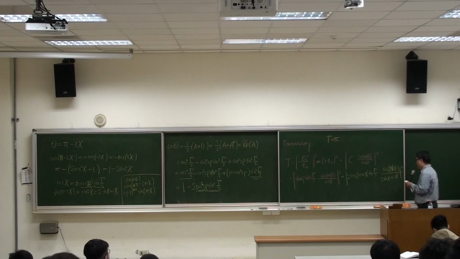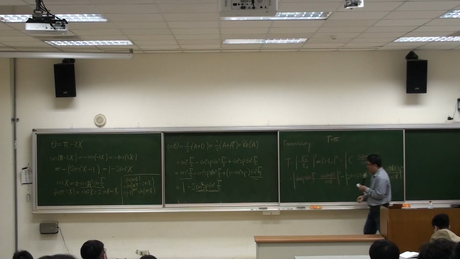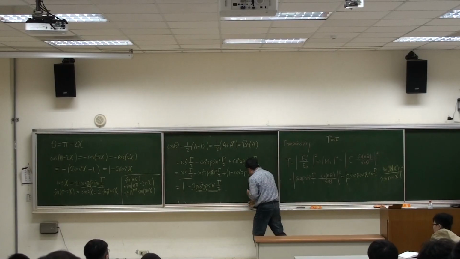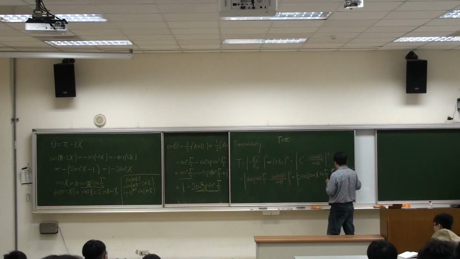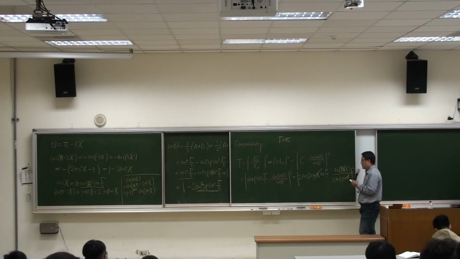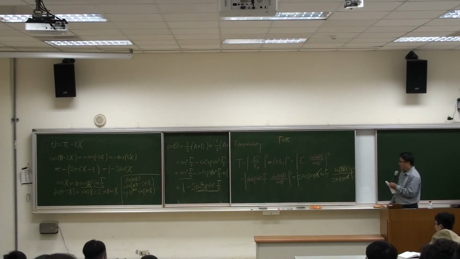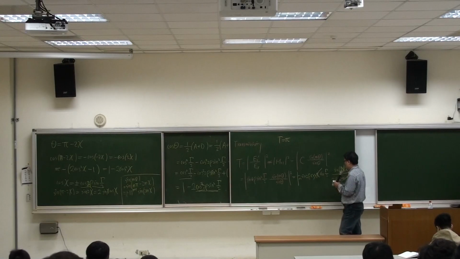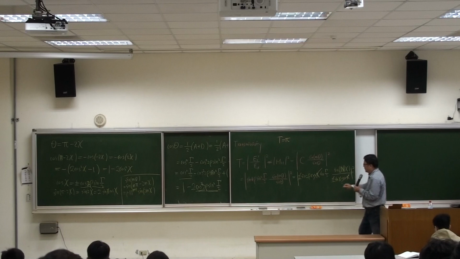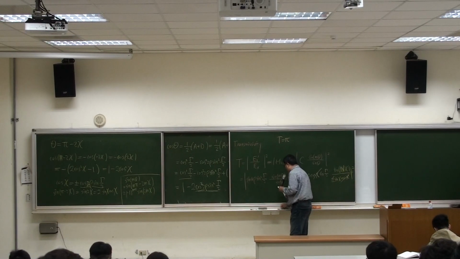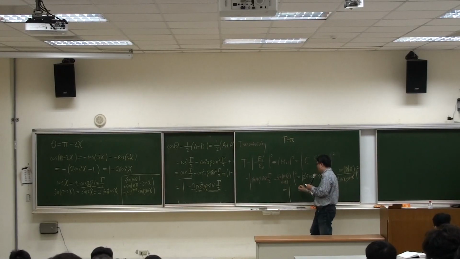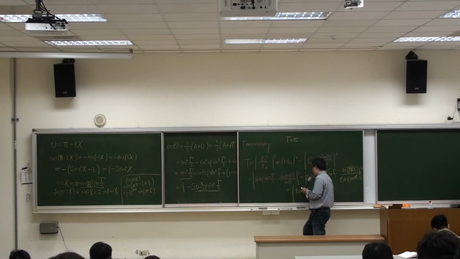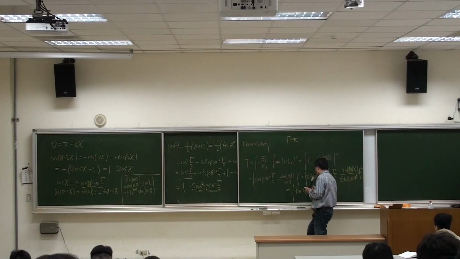Okay. And now this cosine chi can cancel with this cosine chi. And this 2 can cancel with this 2. And we can write this sine 2 rho as tangent 2 rho times cosine 2 rho.